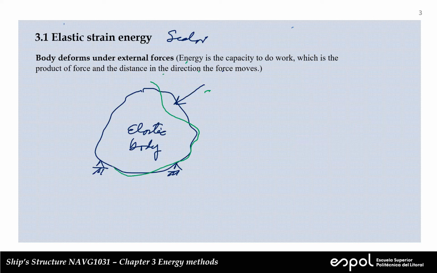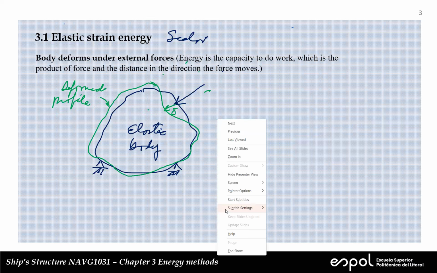Here it's like this. So this is the deformed profile. Now, what's the point? The point is that here we see there is some distance, this is delta, that the force has displaced. Okay? So this is the force.